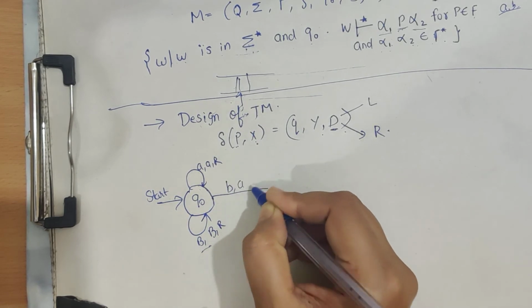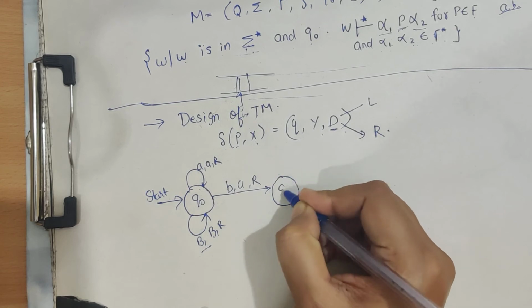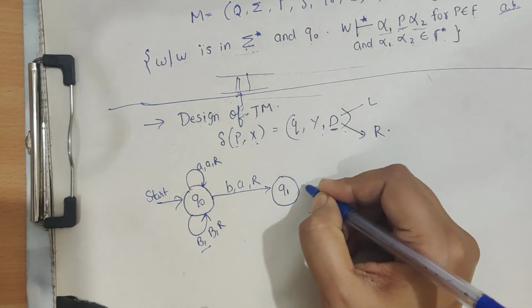Then b comma a, move towards the right. When we move towards the right, we are going to another state, that is q1.